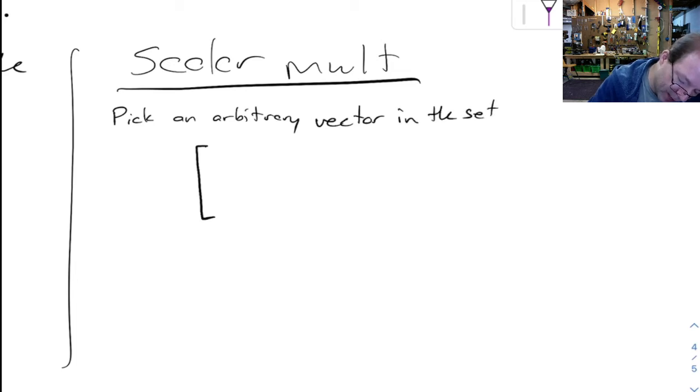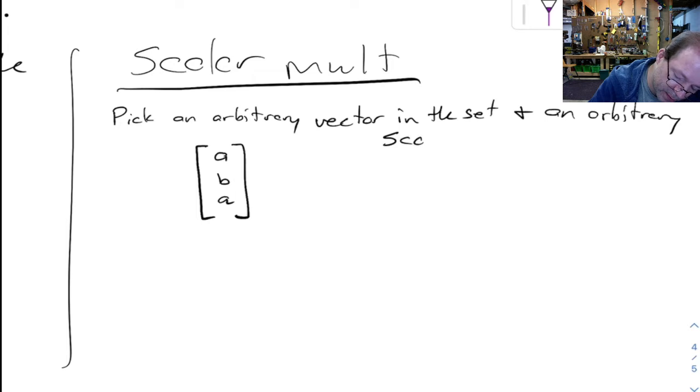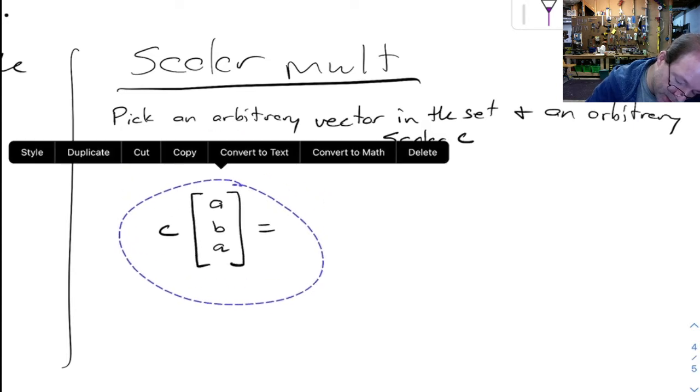So I'm going to call that A, B, A again, and an arbitrary scalar C. Now I'm going to take this and multiply it out.